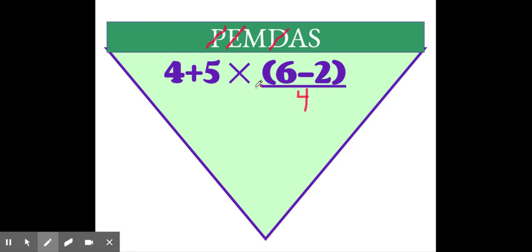Next, we bring everything down that is left. We are finished with this part, and you can mark that off or you can leave it. Just do not mark off too much or you won't be able to see what you started with. Next, again, we bring everything down.